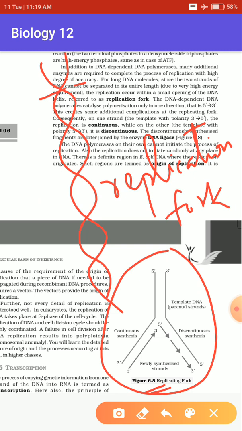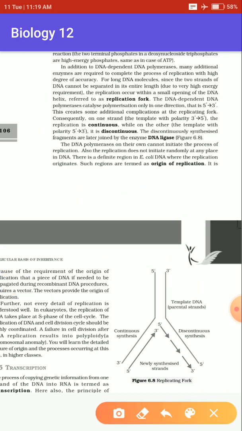Now, what does DNA polymerase, the enzyme that helps in this polymerization, do? We know that we have this strand starting from 5 prime, and when this strand starts, it ends in 3 prime, and the opposite one starts at 3 prime and ends at 5 prime, right?